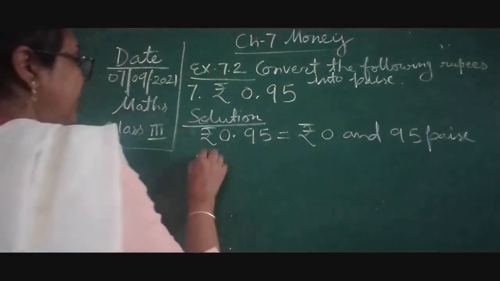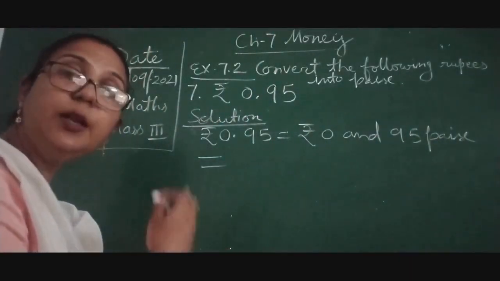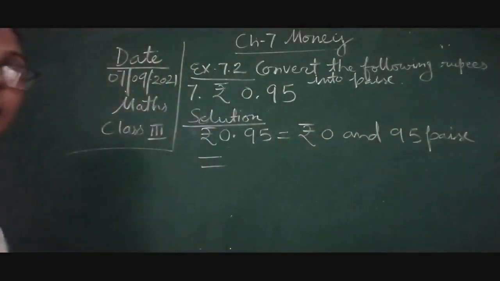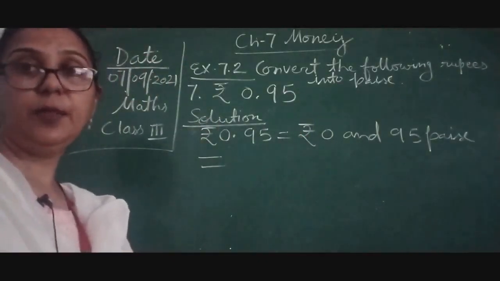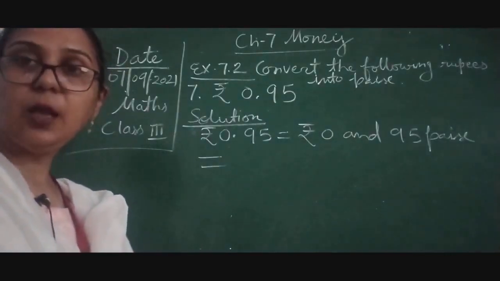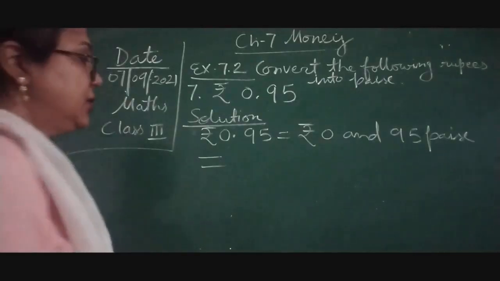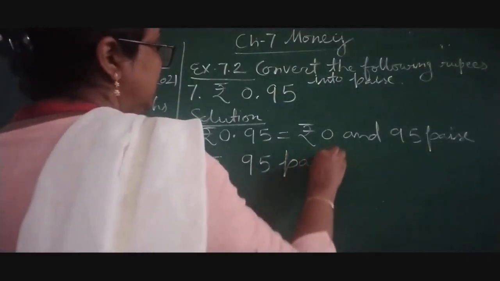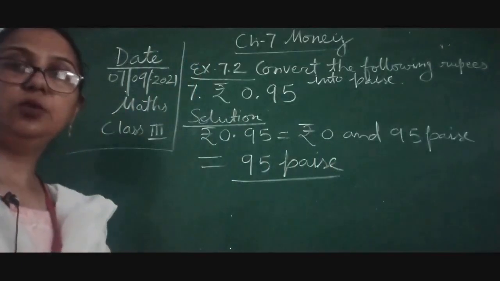Because there are 0 rupees, we are not going to convert anything into paise. This is 0 paise, and here 95 paise is there, so we will write only 95 paise. We will write in the answer 95 paise. This is our answer. Just complete it, children.